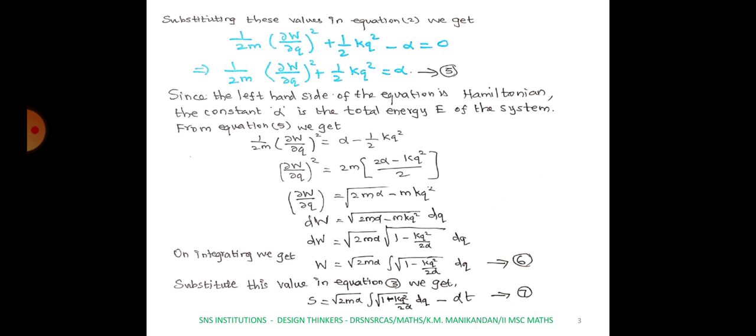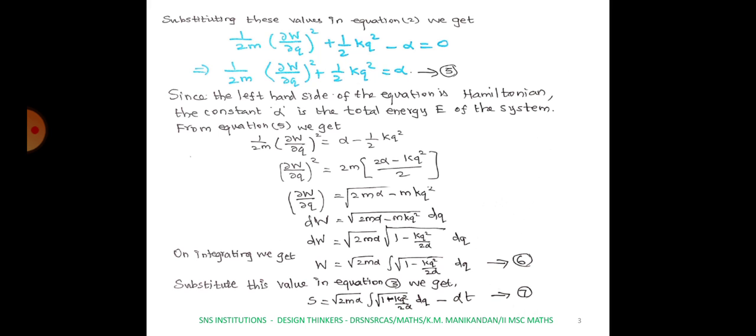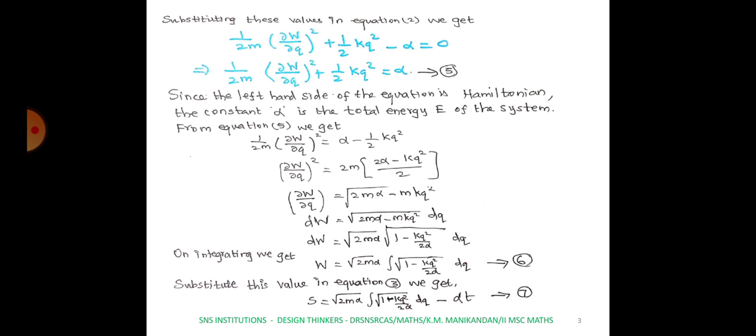In equation 2, dou S by dou q is replaced by dou W by dou q, half kq square we write as it is, and instead of dou S by dou t we write minus alpha. So therefore we will get 1 by 2m into (dou W by dou q) whole square plus half kq square is equal to alpha.